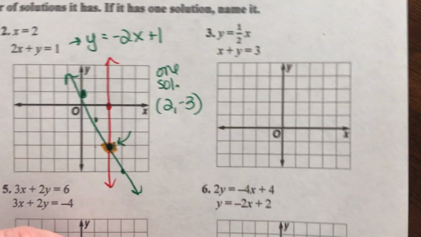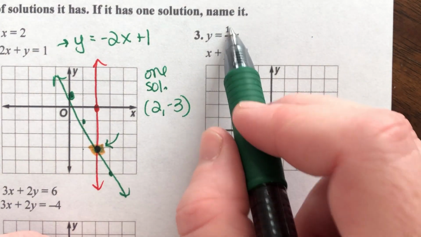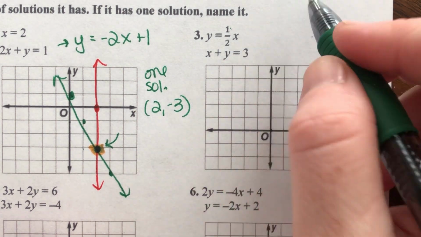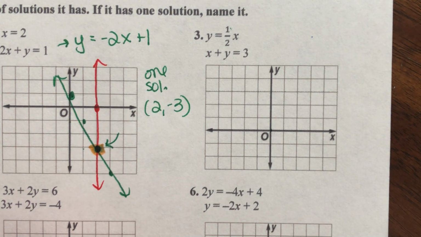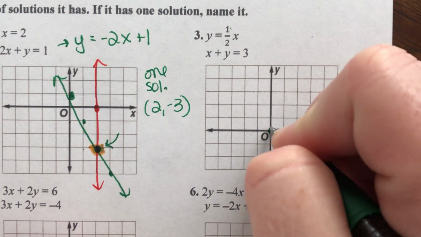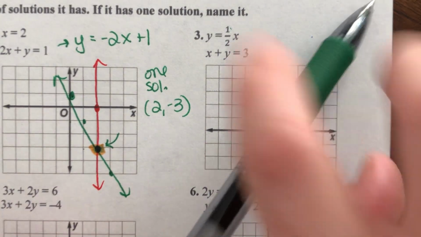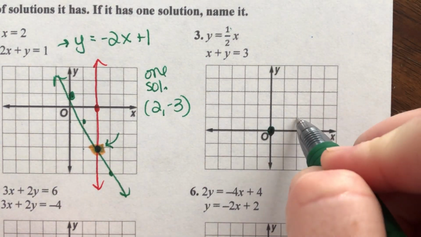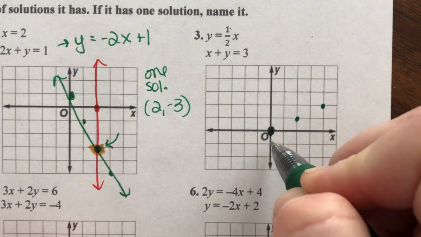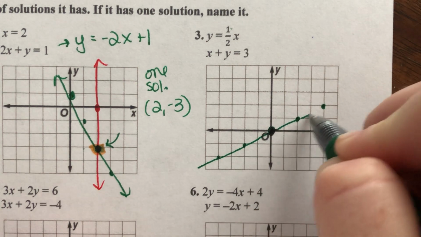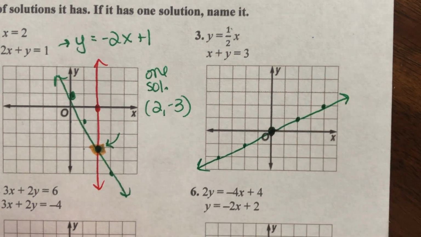And then number 3, I'm just graphing both equations on the same plane and seeing if they cross each other. 1/2 x, so there is no plus b. There is nothing hanging off the end. So that means I cross the y-intercept at 0. I should have done that in red. I'll keep it in green since I already did it. And then I'm going to go up 1 over 2, up 1 over 2, up 1 over 2, down 1 over 2, down 1 over 2. Okay, so there's the first one.